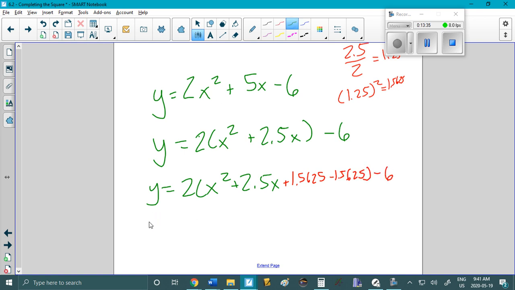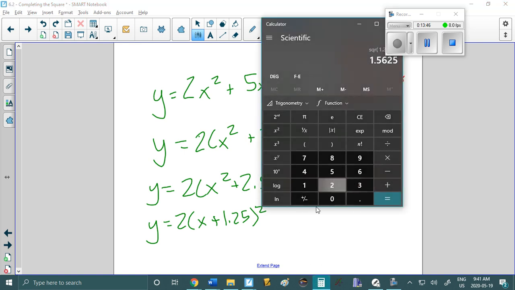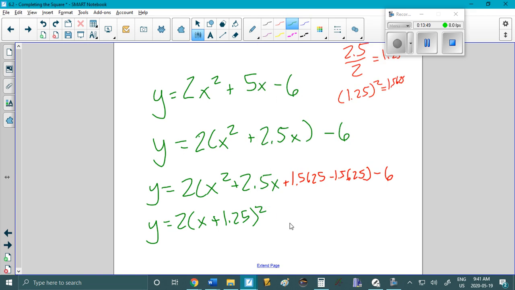So this is going to be y equals 2 times (x plus 1.25) squared, and then we've got to do 1.5625 times 2, 3.125, so minus 3.125 minus 6. So this negative 3.125 was just 2 times this number, and then we get y equals 2 times (x plus 1.25) squared minus 9.125. So that means that the vertex should be negative 1.25 and negative 9.125.